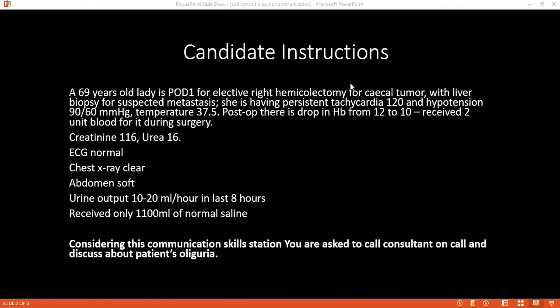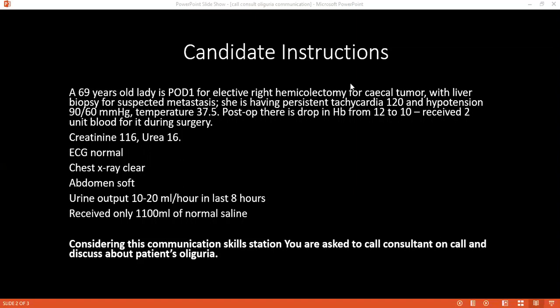Aside from the fluid bolus you're going to give this patient, what else would you want to do for the patient? Obviously, number one, resuscitation. With resuscitation, I will do some bloods at the moment. I will check the full blood count and fresh U&Es.